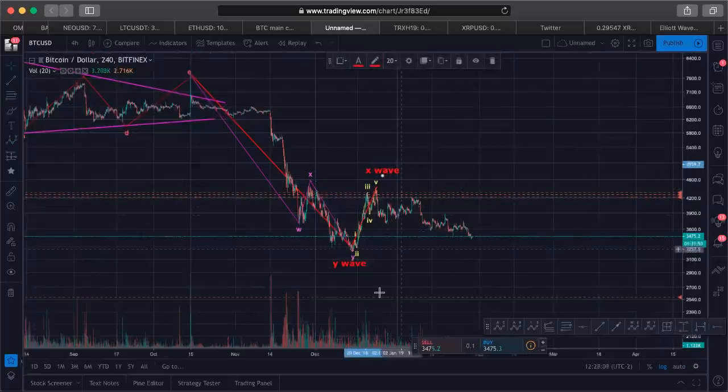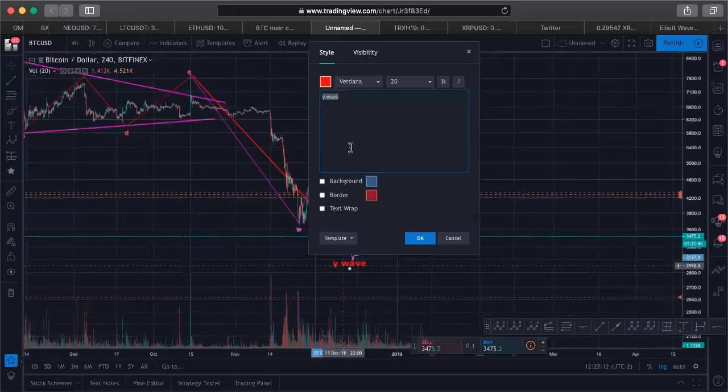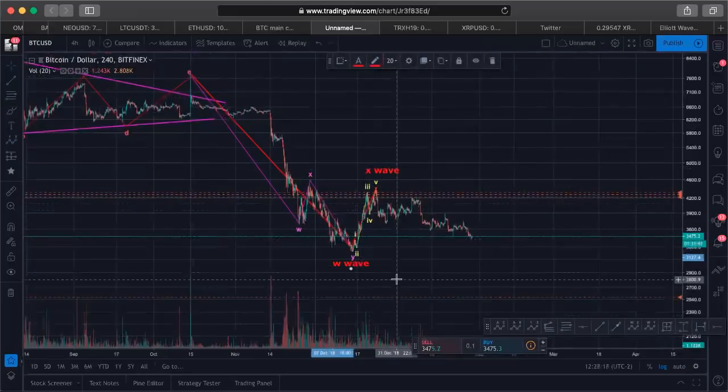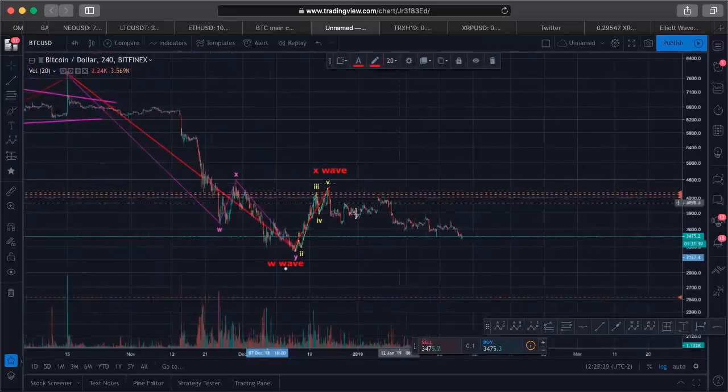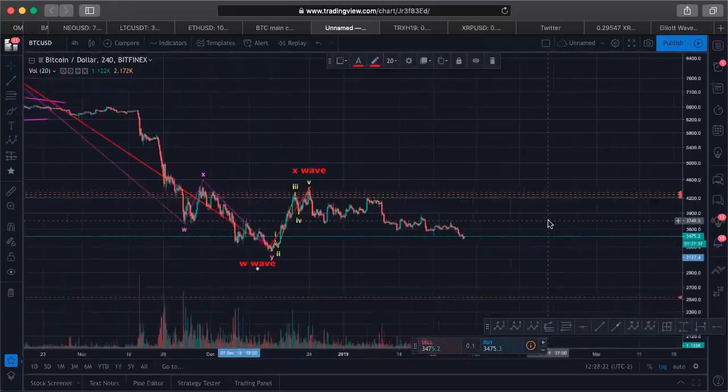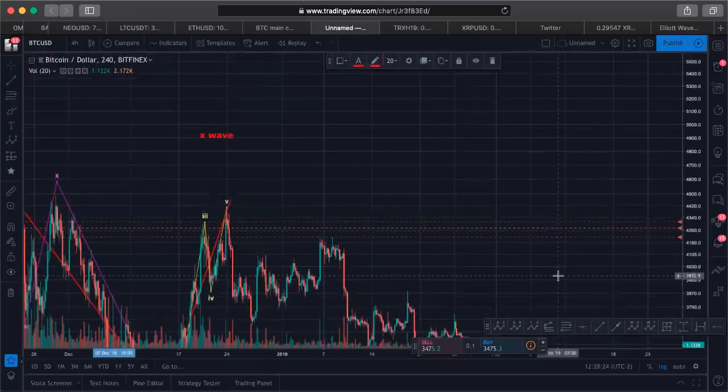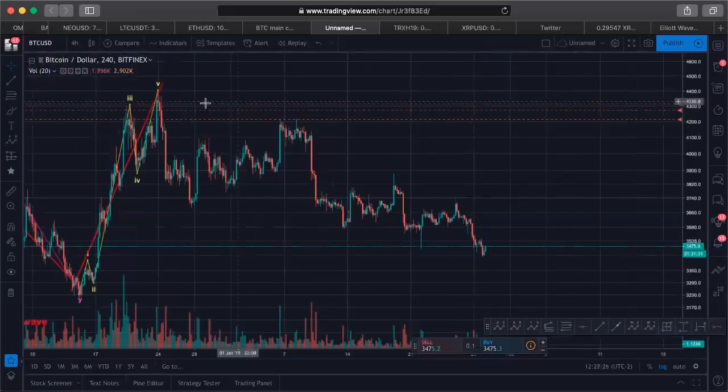Now we would essentially be starting the beginning of, oh sorry, it's a W wave. Ignore me. So it's a big W wave, a little X wave here, a failed impulse, and then we're coming down for our Y wave at the moment. So currently what I think we have done is we've got a WXY here.